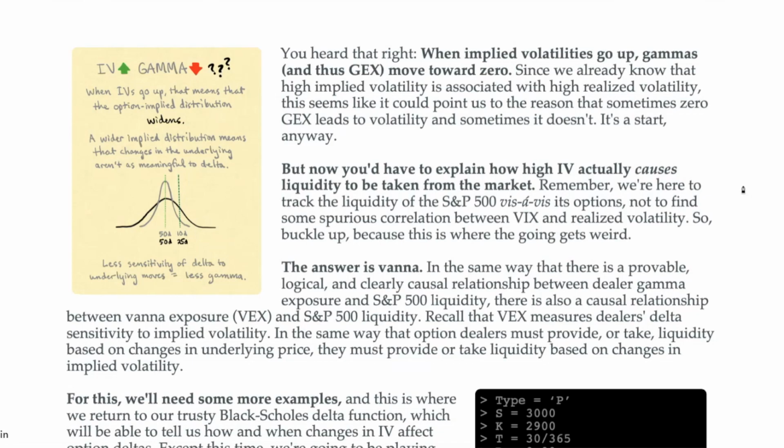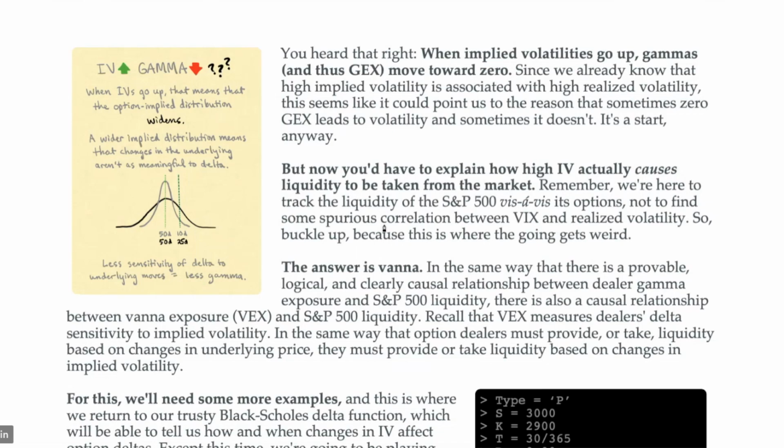If implied vols go up, the distribution flattens out, and if the distribution flattens out, then the delta effects of any particular move start to become less significant. It moves towards the zero gamma area.